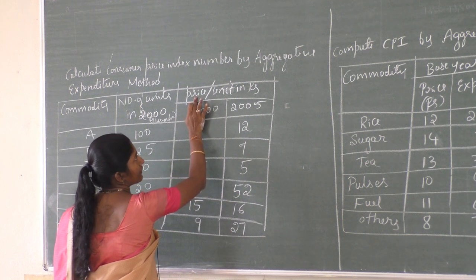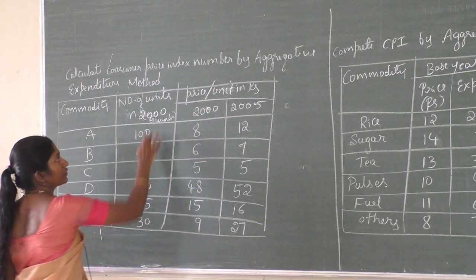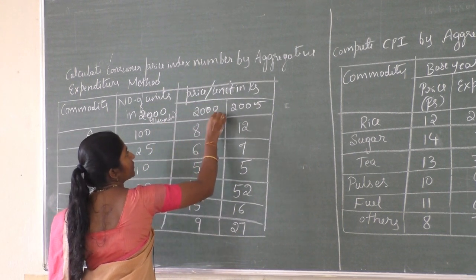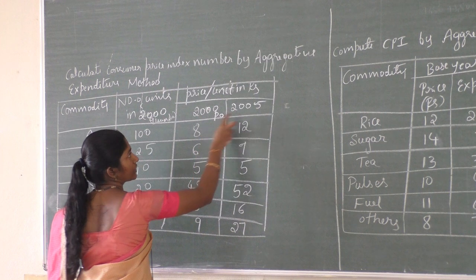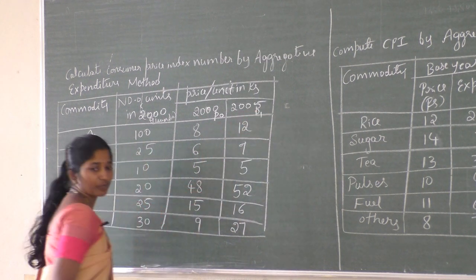Next, price is given in 2000 and 2005. Here 2000 is the base price, I will take it as P0, and 2005 is the current year, this one is P1.